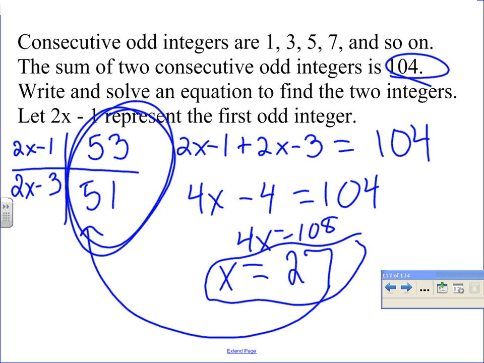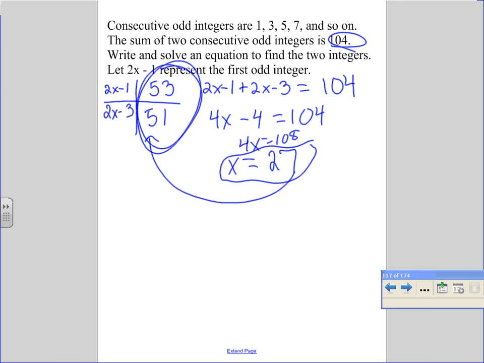Yes, you can. Okay, Doug. So we get 4x plus 4 equals 104. Oh.